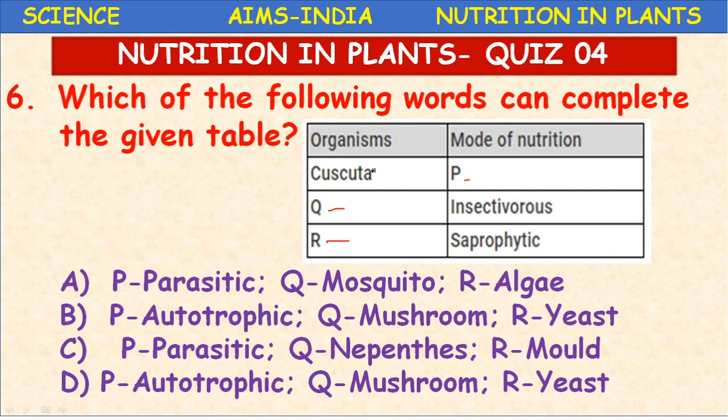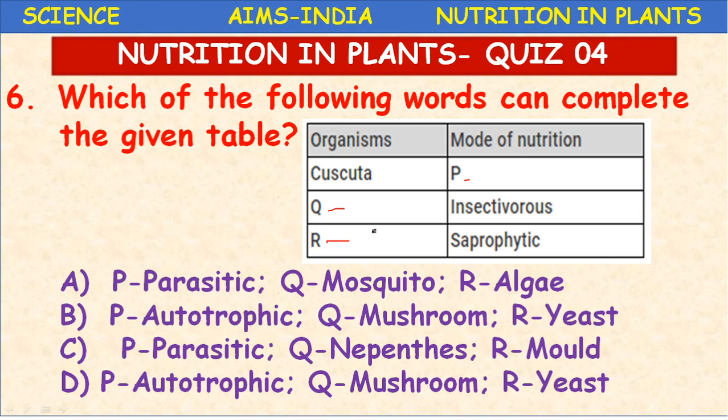Here Cuscuta, example, means what is the mode of nutrition here? Here mode of nutrition is given, and Q and R are the organism examples. Okay. Here P, as we know that Cuscuta is a parasite. So here P, parasite in option A is there, and option C also, P representing parasitic nutrition.